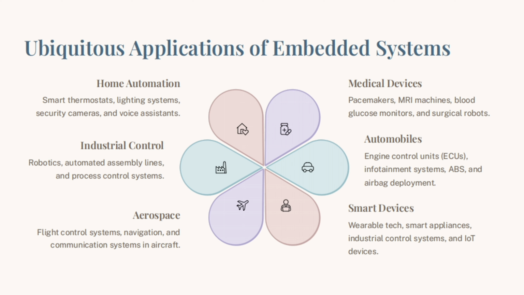Industrial controls: they form the backbone of modern manufacturing, controlling robotics, automated assembly lines, and complex process control systems to ensure industrial efficiency. Automobiles: modern vehicles are essentially networks of embedded systems, managing engine control units (ECUs), infotainment, anti-lock braking systems (ABS), and airbag deployment. Aerospace: in the skies, embedded systems are responsible for flight control, navigation, and vital communication systems within aircraft.